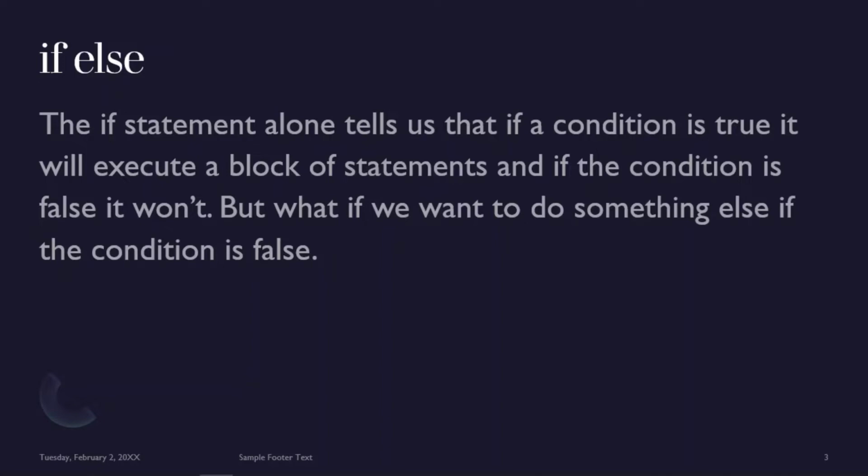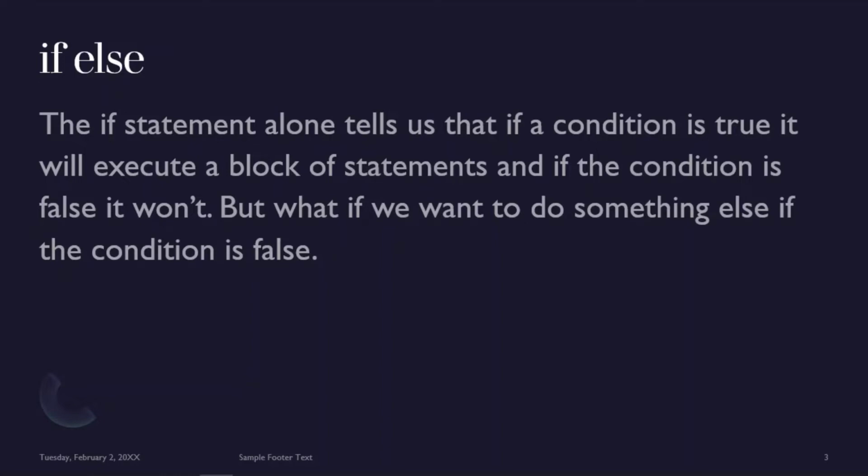But in real case scenarios, we will encounter that if the case is true, we should execute something, and if the case is false, then we should execute another set of statements. For that, we are going to use if else. So if else is going to support both cases. If the case is true, execute some statements. If the case is false, execute some other statements.